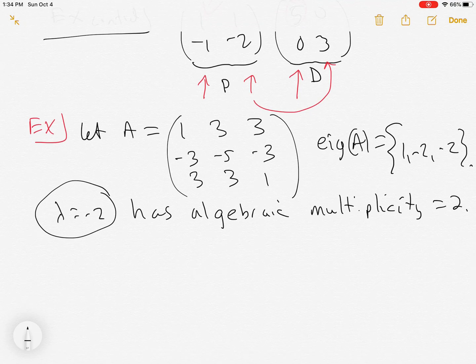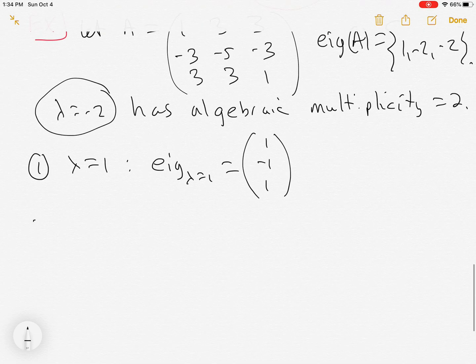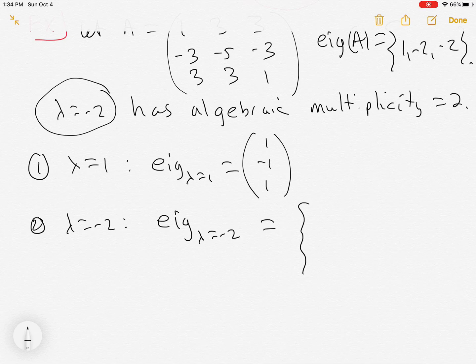So for lambda equaling 1, the eigenvector is 1, minus 1, 1. And for lambda equaling minus 2, the eigenvectors corresponding to this are minus 1, 1, 0, and minus 1, 0, 1.